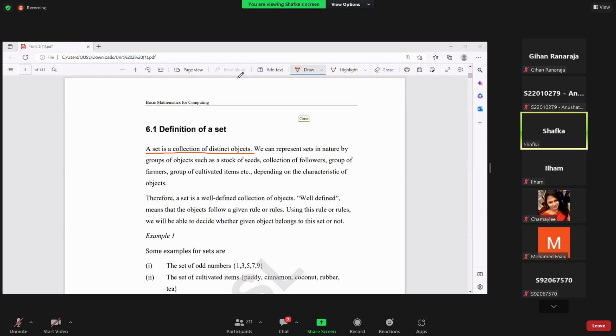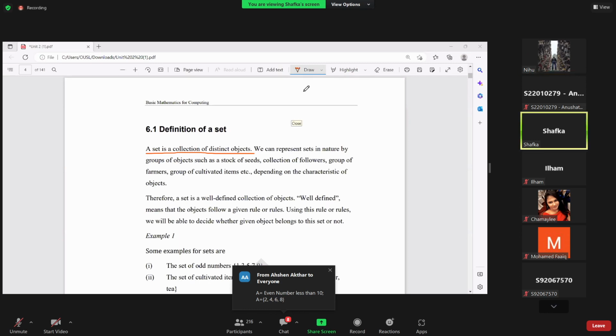Set of bank accounts, yes. If you are sending the answer, you can send it to everyone, okay? Even numbers less than 20. Yes, even numbers less than 20, okay.